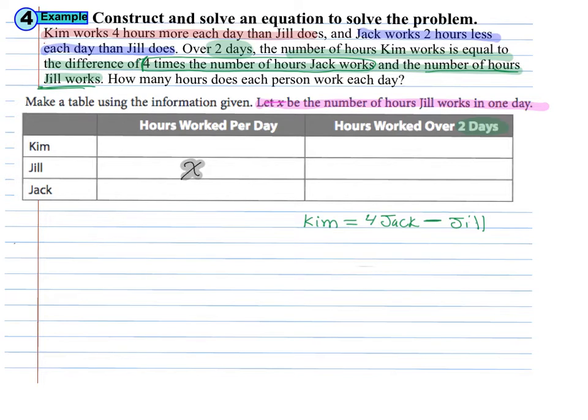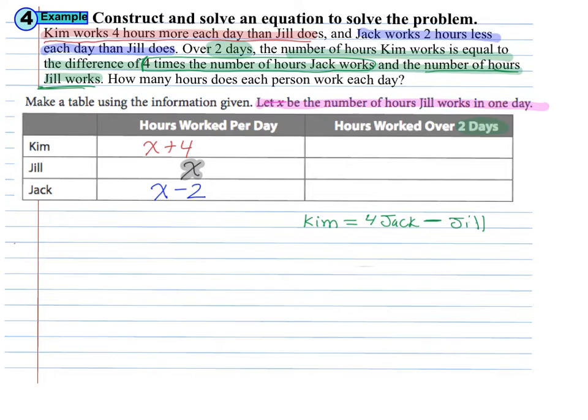They said Kim worked 4 hours more each day than Jill does. So we know that Kim is Jill plus 4 more hours. Then they said Jack worked 2 hours less each day than Jill does. So now we're at Jack's equation, 2 hours less than Jill. So we have Jill, which is X, minus the 2 hours.